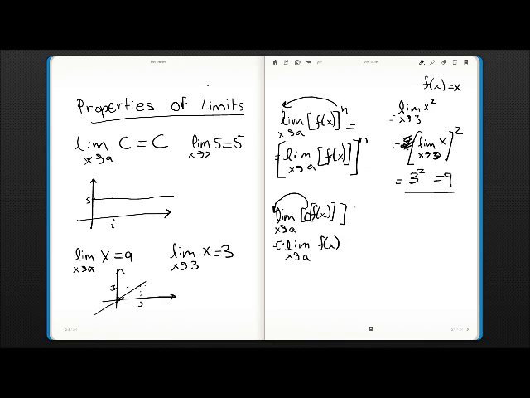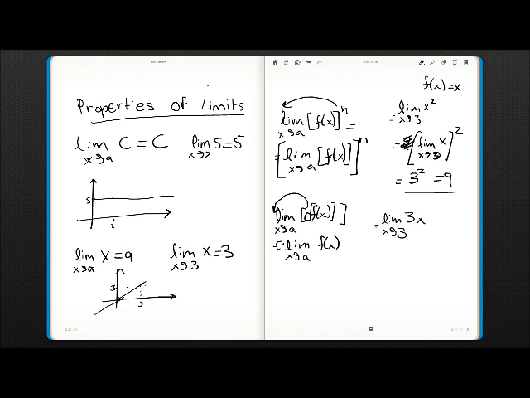So let's use the same example as we've been doing before. The limit as x approaches 3 of 3x.